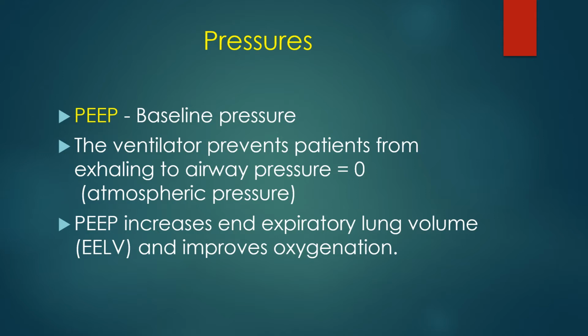We are going to set a PEEP level on our ventilator. What the PEEP does is it prevents the pressure from falling down to 0. So say, for instance, if we have 5 centimeters of PEEP, then after inspiration and exhalation begins, the pressure only falls down to 5.